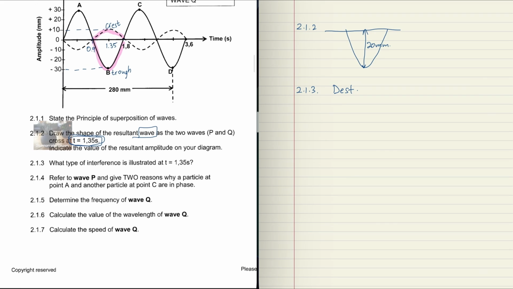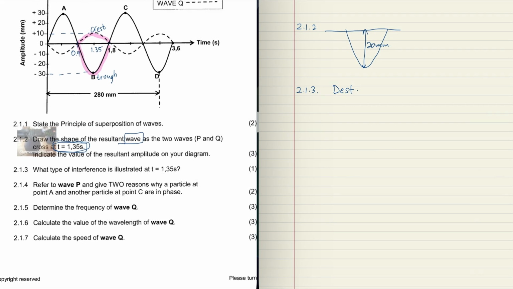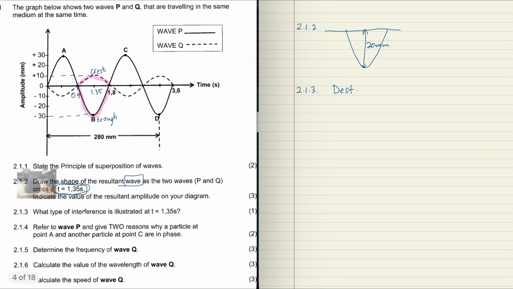Question 2.1.4, refer to wave P and give two reasons why a particle at point A and another particle at point C are in phase. So why are these two points in phase? They are in phase because they are separated by a whole number of waves.